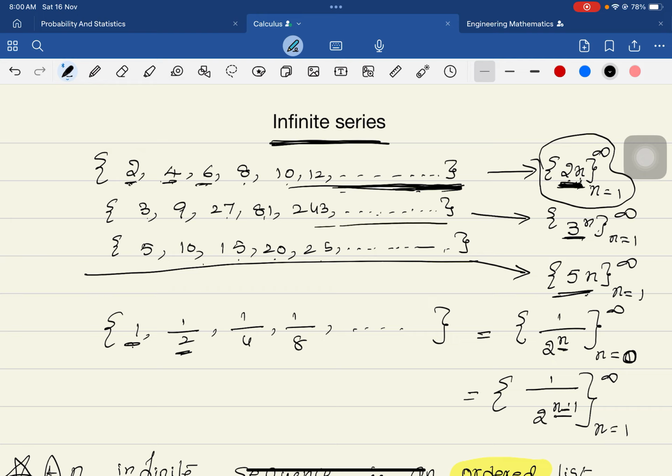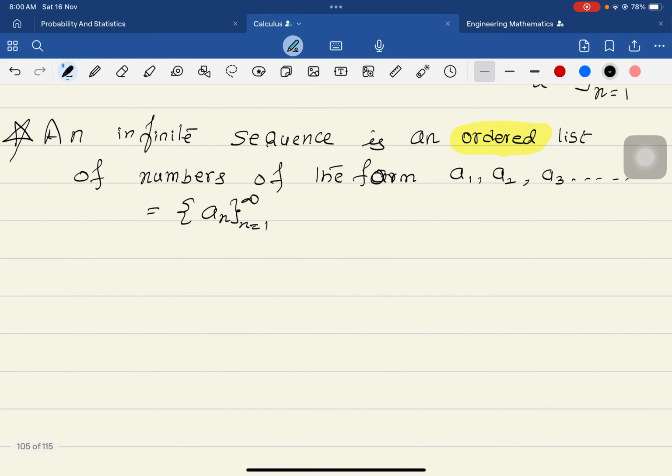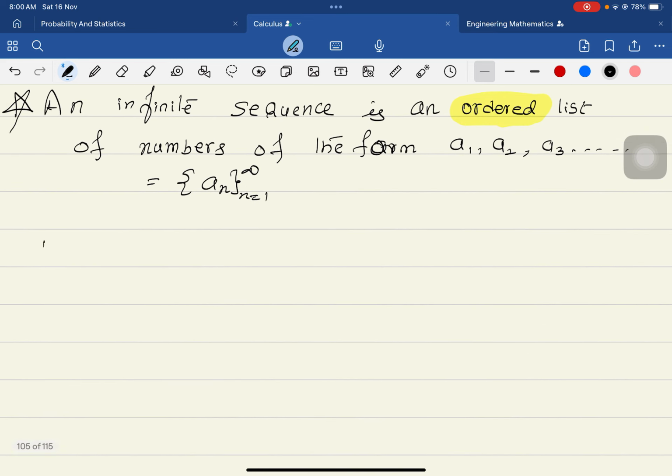Are these elements also going to infinity, or is there any particular threshold where the sequence stops? If it is not crossing that element, then we say that it is the limit of a sequence. So what is meant by the limit now?